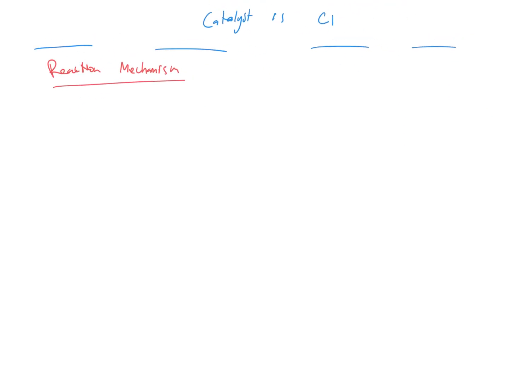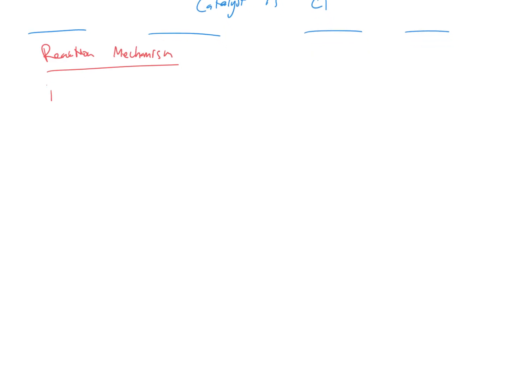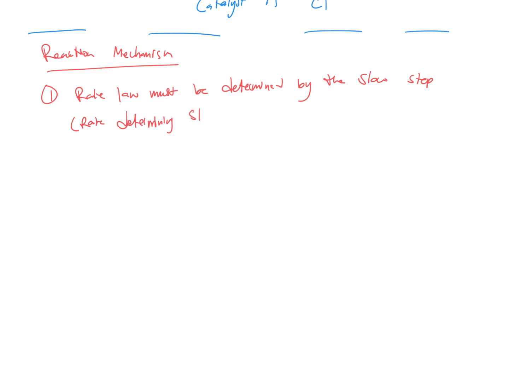And for any time you're writing a reaction mechanism or looking at one, they should always fulfill all of these rules. The first is that the rate law must be determined by the slow step, otherwise known as the rate determining step. That is rule number one.